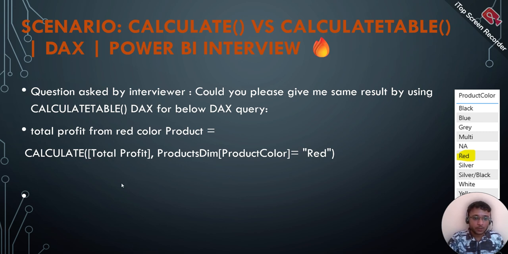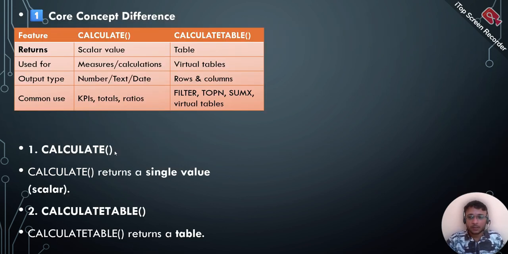Here I will give the difference between these two topics. The output of CALCULATE is a scalar output, and the output of CALCULATETABLE is a tabular output. You have to remember this, because if you don't know the output and how the function behaves, it will be a problematic situation and you will not be able to write the DAX.